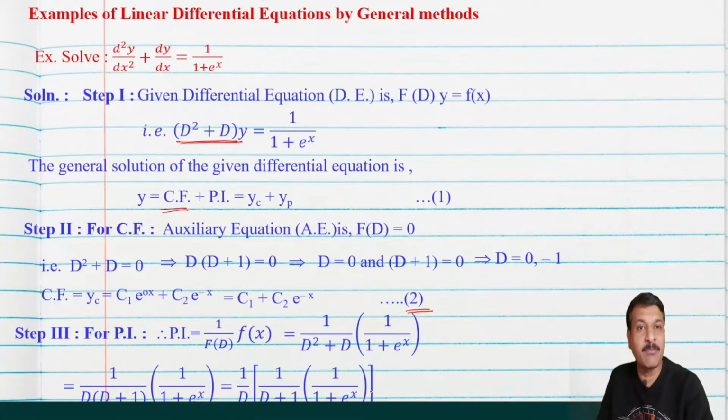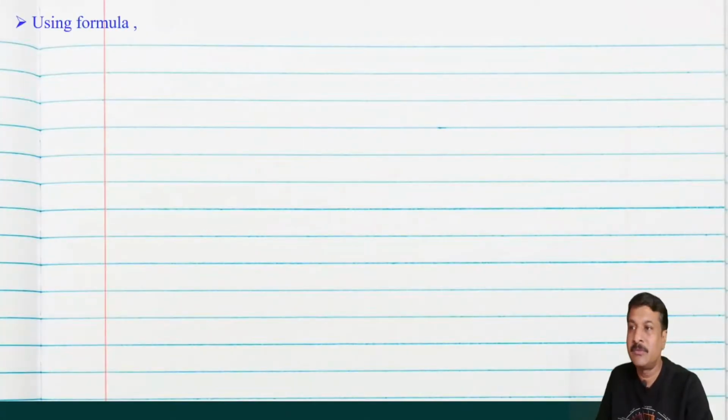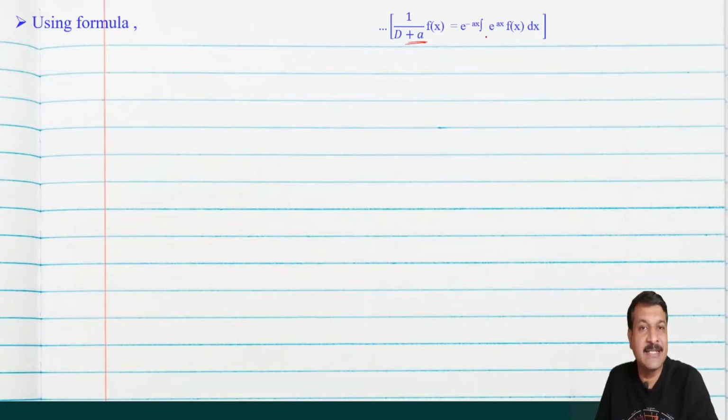So by the formula, as we know, 1 upon d plus a or d minus a operating on f of x: for example, here 1 upon d plus a operating on f of x, same sign inside, opposite sign outside. It means plus a is inside, so e raised to ax inside and e raised to minus ax outside.